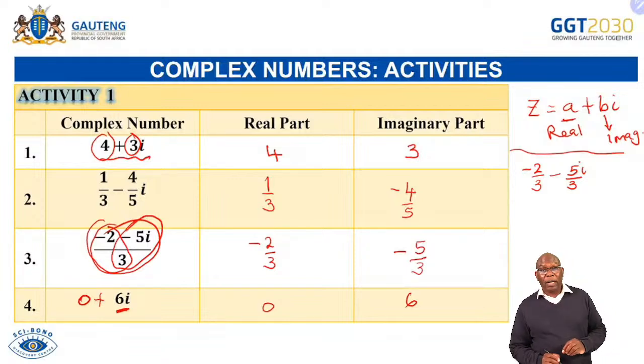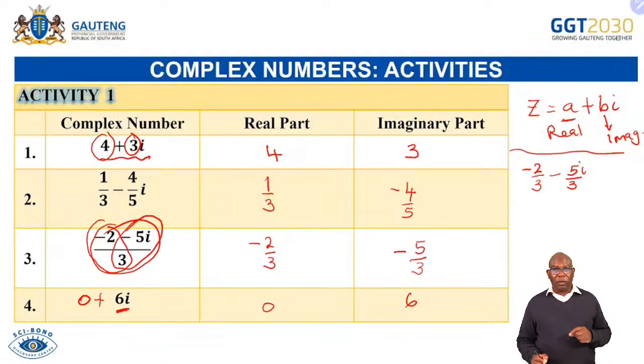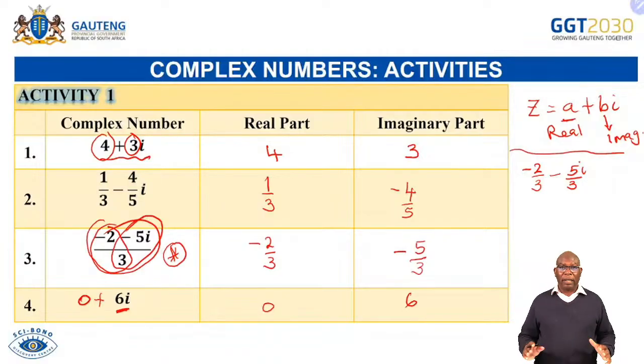You're not going to be asked a table like this where you have just to populate it. No, I'm saying this because it's important, especially when we come to this one, whereby you need to split it and write it as A plus BI, because they can ask you to write this in the form A plus BI. You must be able to write it properly here.